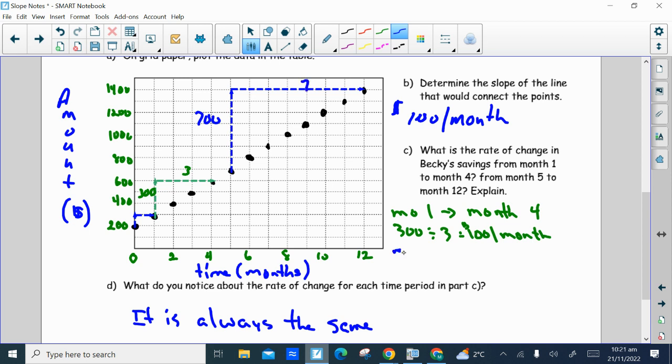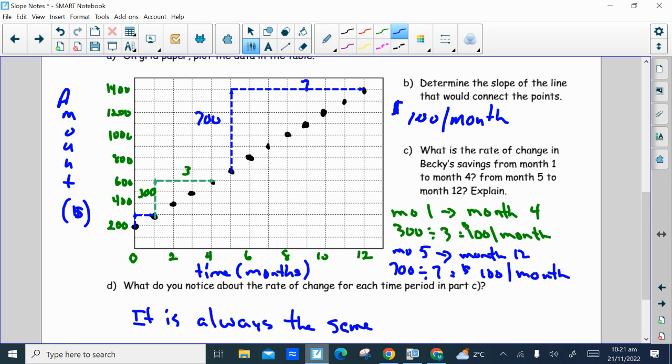From month 5 to 12, it's 700 divided by 7, rise over run, rise divided by run, you're still getting 100 per month.